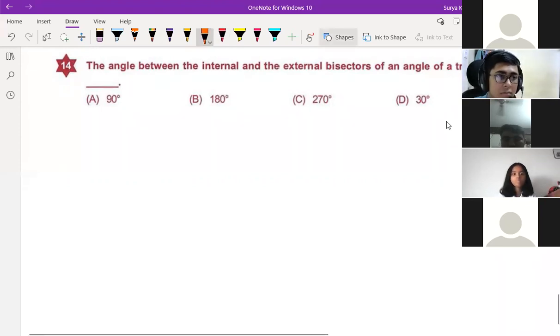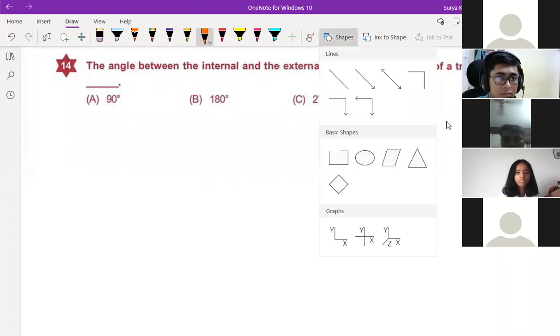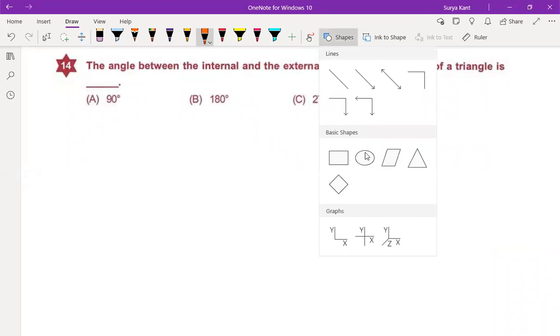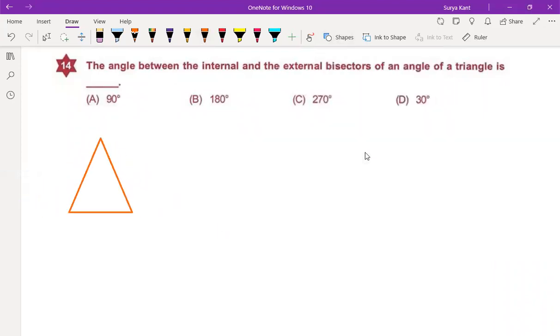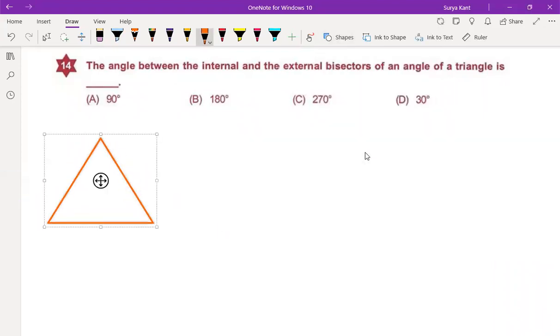Triangle, you just draw a triangle first. Sir, 1 second, sir. I'm solving. Okay. So this is your external angle, it will be like this. So the bisector, you can make it like this. And here also a bisector. Sir, 90 degrees. So how have you done, Priyanshu?